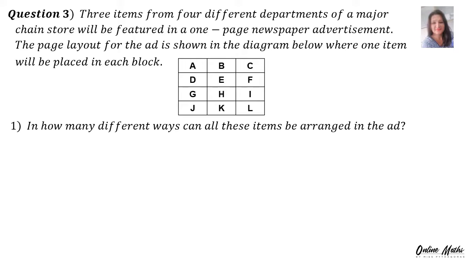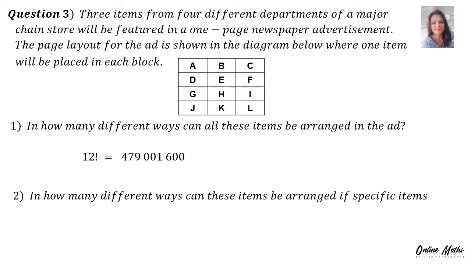Now, do you agree? We need to know the total. From A to L means there's 12 factorial ways. And 12 factorial with your calculator is 479,001,600. Question 2.